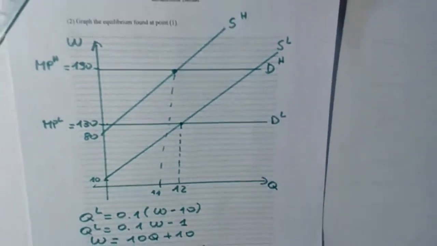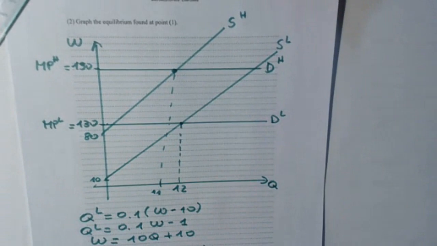Okay, so this is the graph. And we have 11 and 12. Okay, and we have represented everything. Okay, so we are done with point 2. We have represented the demand for L, the demand for H, the supply for L, the supply for H, the equilibrium wages, and the number of workers hired at equilibrium.